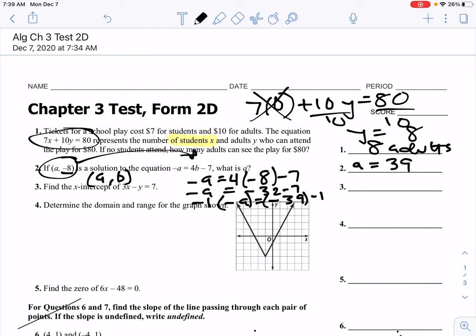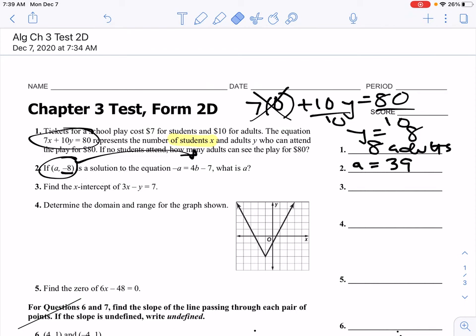All right, for number 3, and I'm going to erase this, so if you need this to get it down, you could go back to the video where it's written down. Find the x-intercept of 3x minus y equals 7. Well, if you're finding your x-intercept, that means your y-coordinate is 0. Okay? That's what that means.